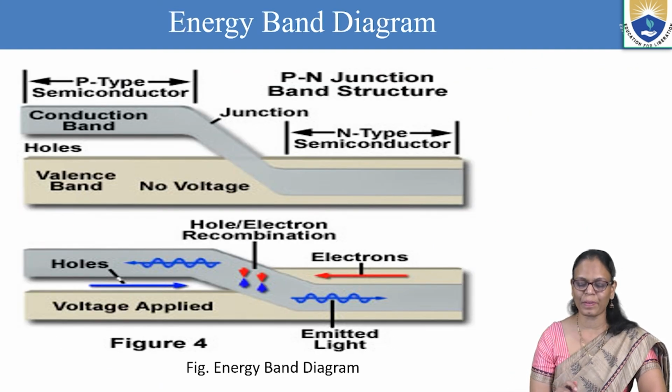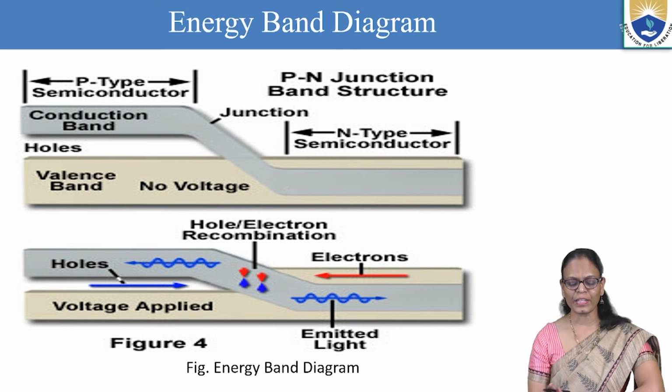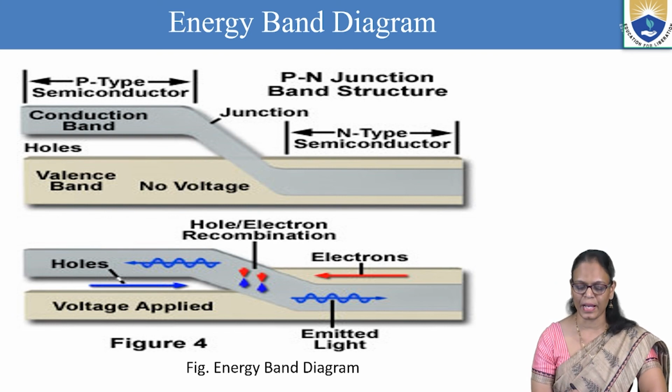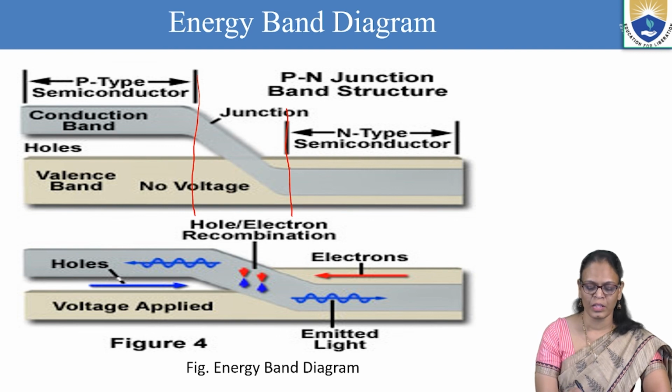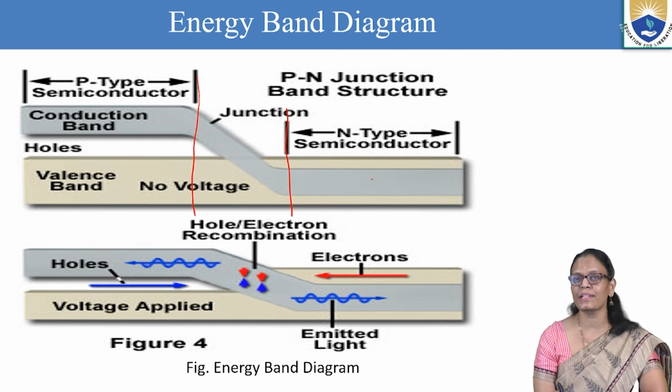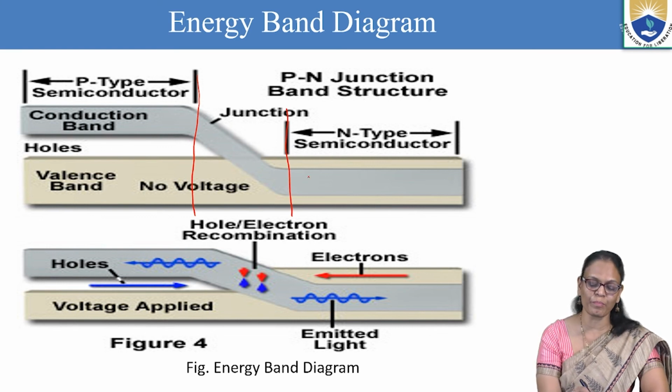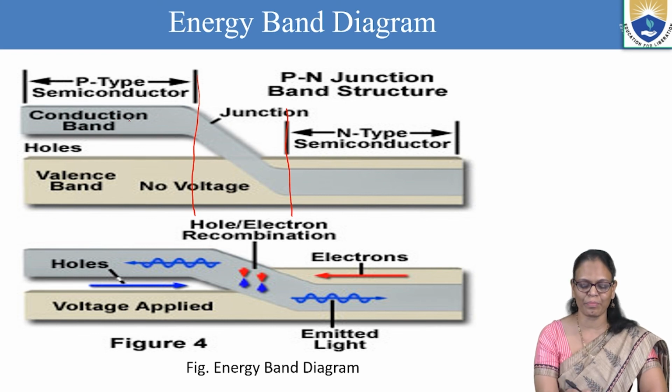So if you see the picture as a whole, when there is no voltage applied, this is the p type and this is the n type. There is always an uphill for the electrons on the n side to move on to the p side. So unless they move up the hill, they cannot go on to the p side. It means there is a barrier that is formed.